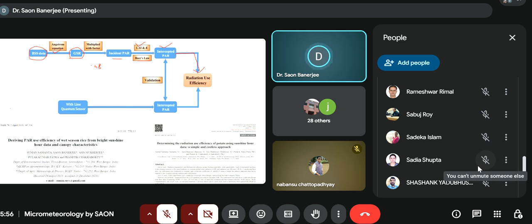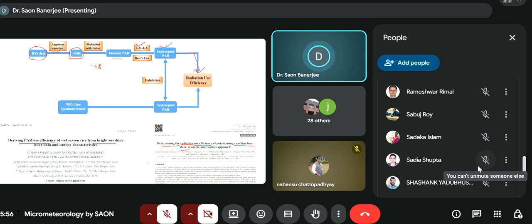So you can derive the radiation use efficiency from bright sunshine hour data. Determine the radiation use efficiency using sunshine hour data. That is a very important protocol which we developed for determining the radiation use efficiency if you don't have intercepted power.